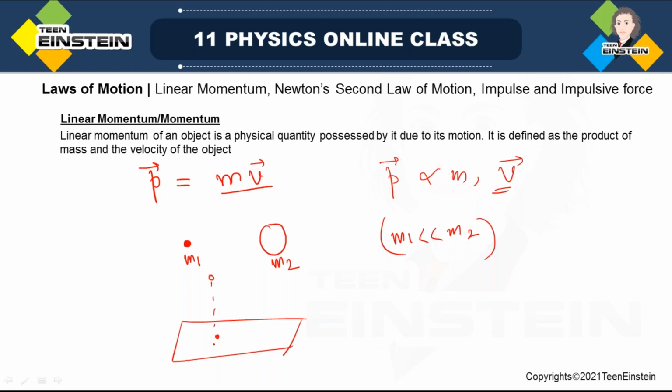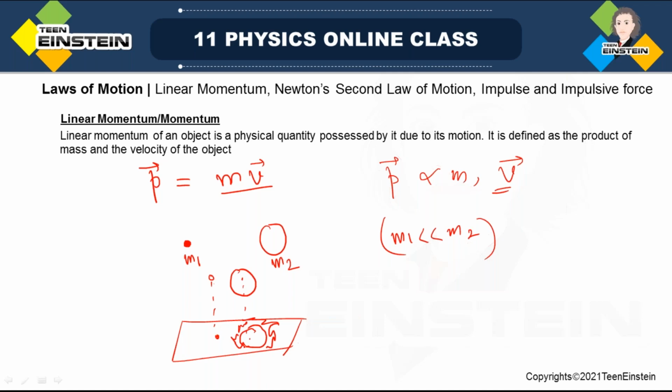Probably nothing, or maybe there may be a little scratch. But if you take the big stone and leave it from the same height, what will happen? This will crack your glass, isn't it?